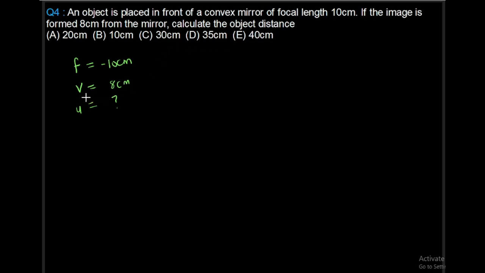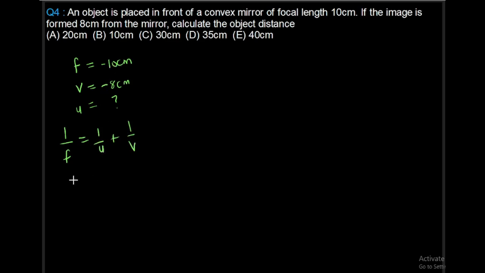So since the image formed by a convex mirror is always virtual, it simply means this image distance of 8 cm will be for a virtual image. And since it's a virtual image, the image distance will be negative. So this is going to be minus 8. Now we can use our mirror equation: 1 over f equals 1 over u plus 1 over v.